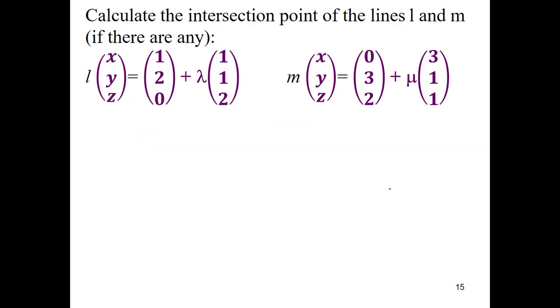So let's look at these two lines. We have a line L, which is (1, 2, 0) plus lambda times (1, 1, 2). And we have a line M, which is (0, 3, 2) plus mu times (3, 1, 1).